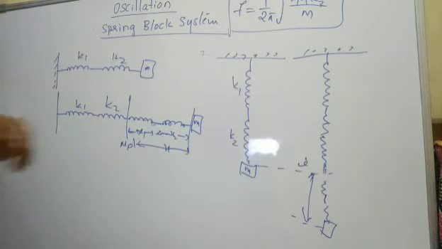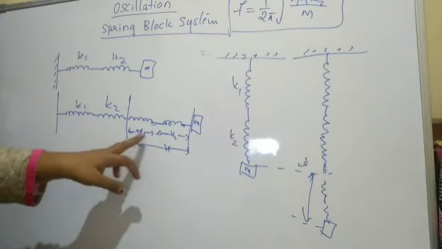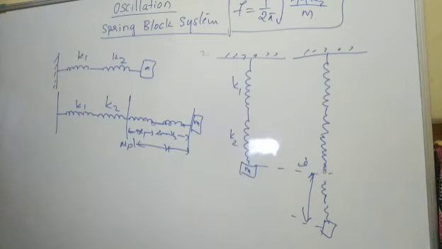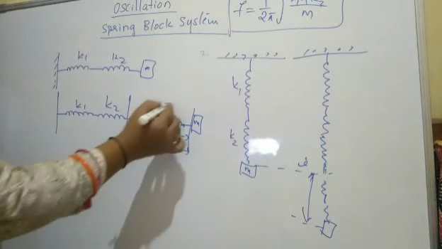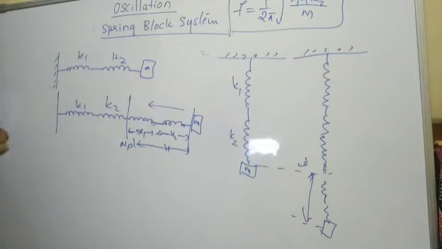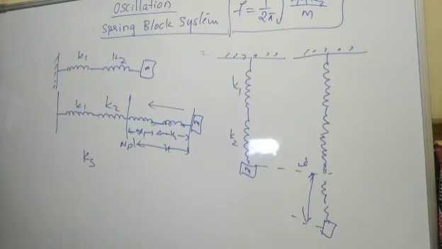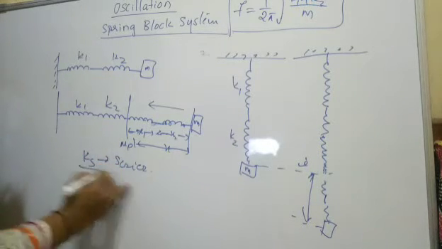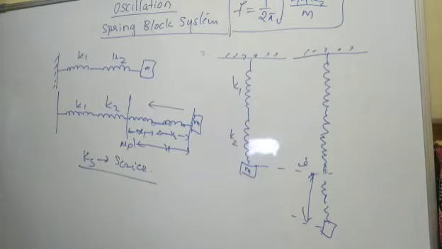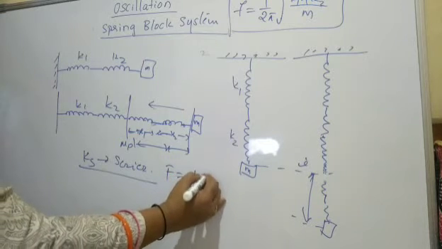Where x1 and x2 are the two displacements, the restoring forces produced in the springs are equal, because it is moving back. If k_s is the effective spring constant of the series combination, then the restoring force F is equal to minus k_s x.